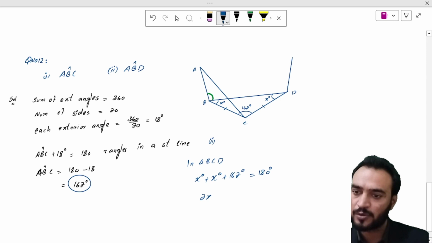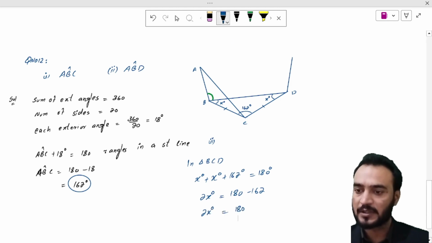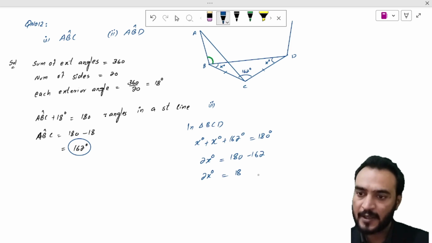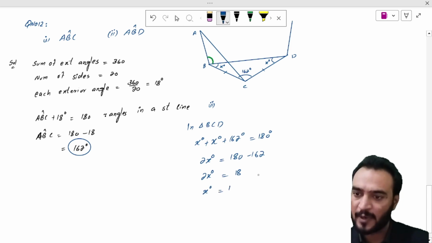Subtracting, 2x degrees is equal to 180 minus 162, we get 2x degrees is equal to 18 degrees. Dividing 18 degrees by 2, we get the value of x, that is 9 degrees.